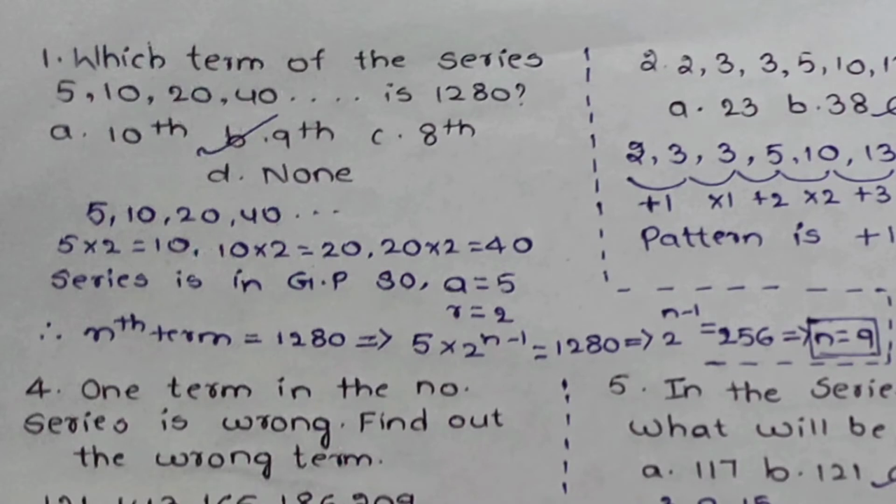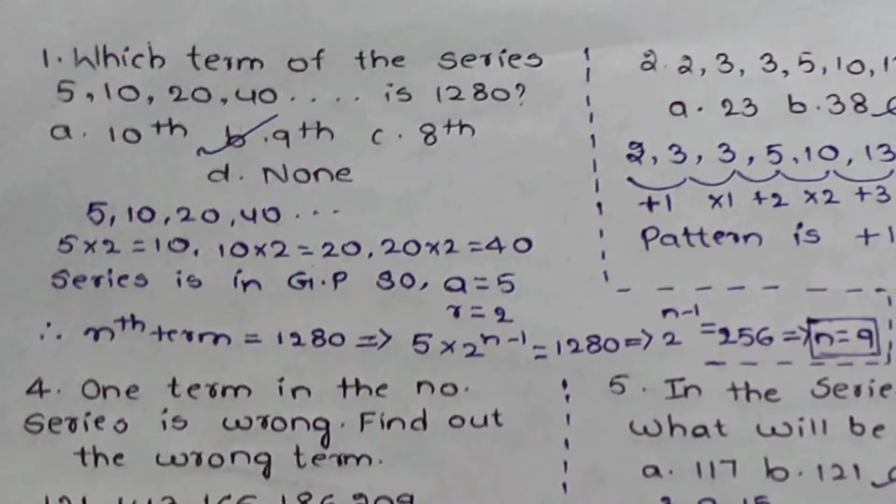We don't know n, so we have to find out this n, and this whole thing is equal to 1280. Now solving this, 2 power n minus 1 is equal to 256. Now 2 power n minus 1 can be written as 2 power 8, and n minus 1 is nothing but 8, so n is nothing but 9. So this is the 9th term of the series and the option is B.